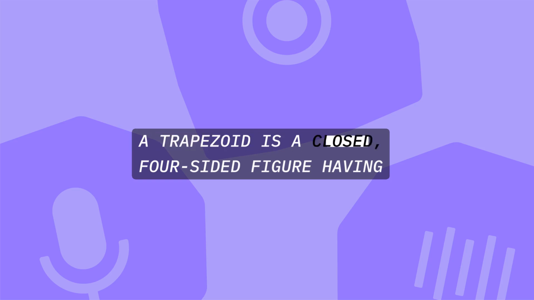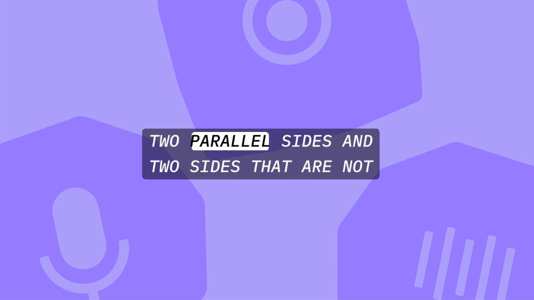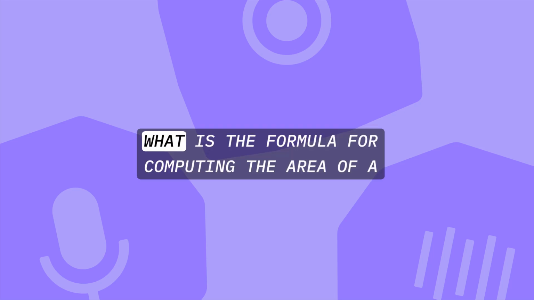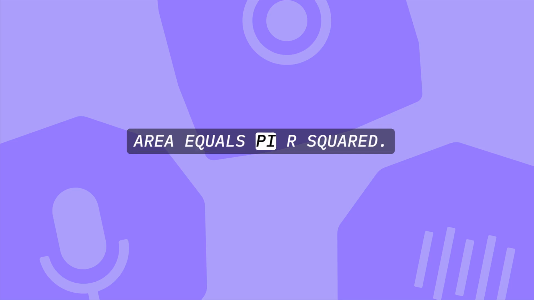A trapezoid is a closed four-sided figure having two parallel sides and two sides that are not parallel. What is the formula for computing the area of a circle? Area equals pi r squared.